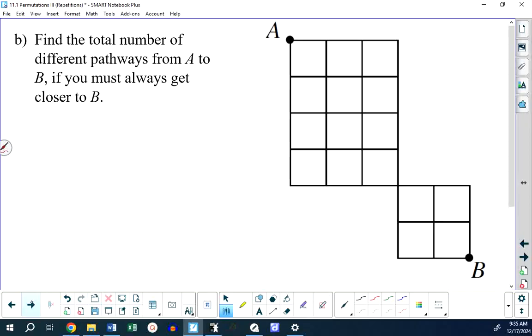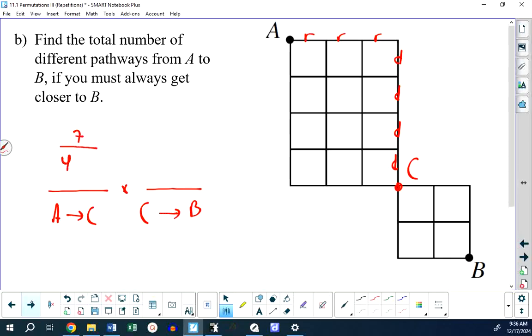You have to go from A to C and, multiplication, you have to go from C to B. So to go from A to C, you have to make 3 moves to the right and 4 moves down, which means from A to C, there will be 7 factorial over 4 factorial, 3 factorial ways to do it.